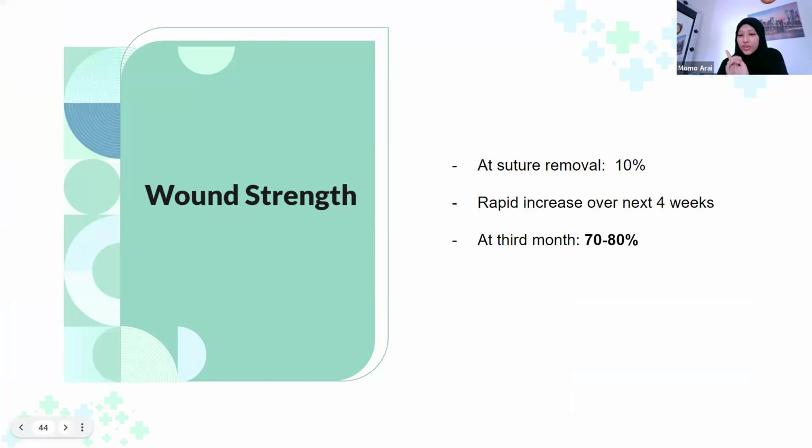Okay, if you don't have any questions, good. This next part, I thought it was not important when I was studying for it, but it's very important to understand wound strength. At suture removal, at the beginning of the wound healing step, the strength of the wound is 10%.